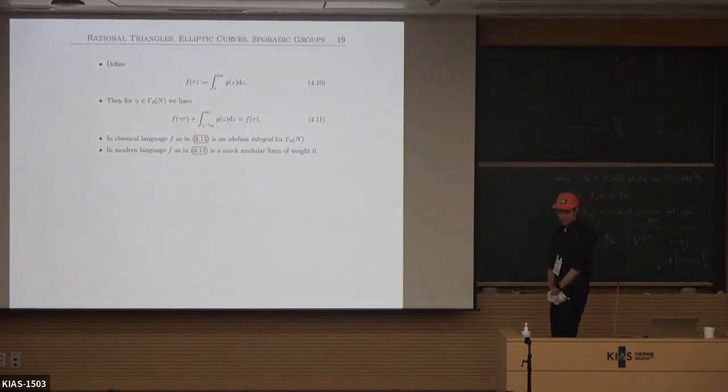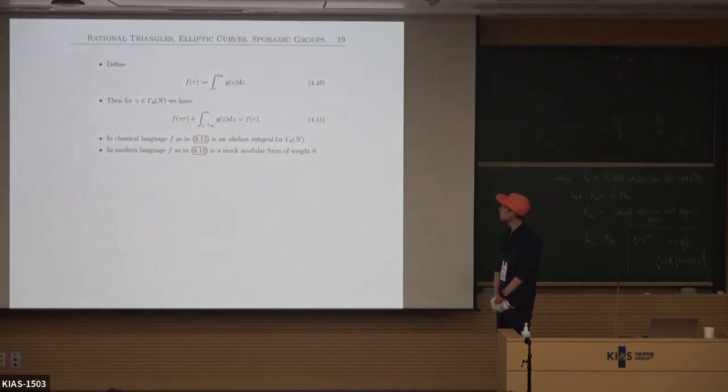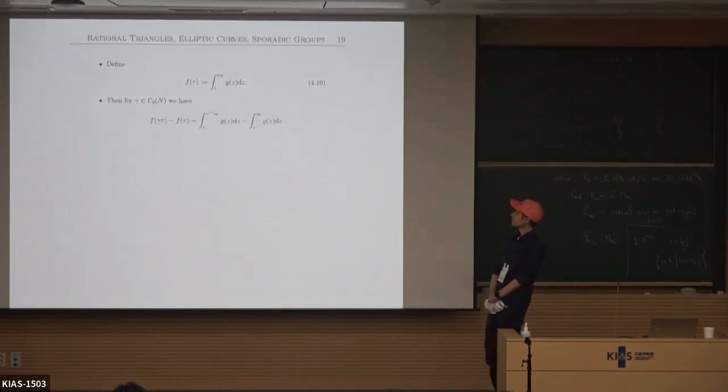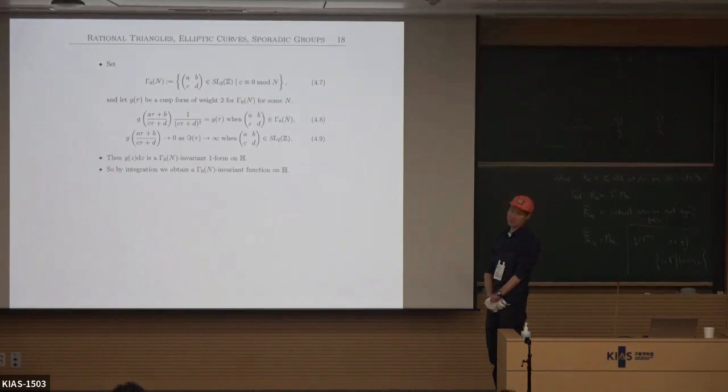And this fits into the theory of Mock modular forms. This is an example of a Mock modular form of weight 0. G was gamma naught n invariant, G was a cusp form of weight 2.